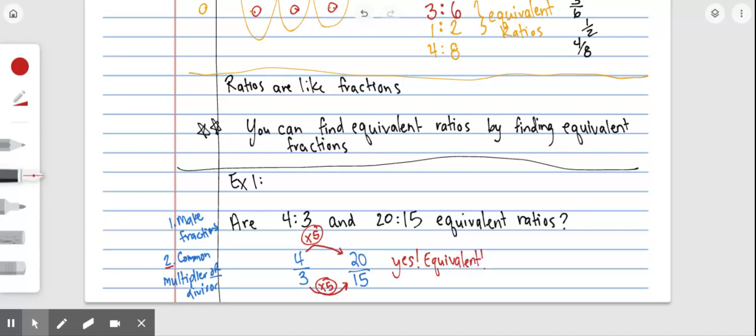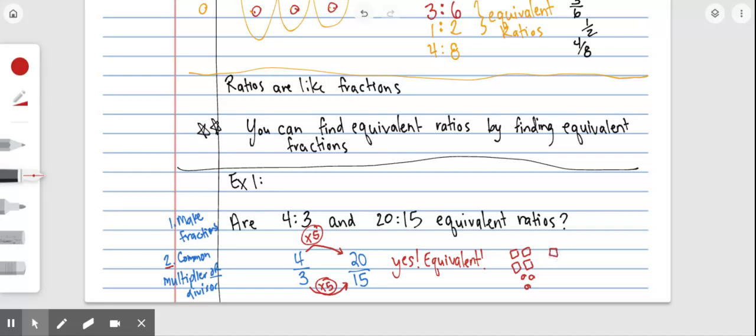Okay, and I know this because just like from earlier when we were talking about the diagrams, this first one says, hey, I've got 4 squares and 3 circles. And the second one says, I've got 20 squares and 15 circles.